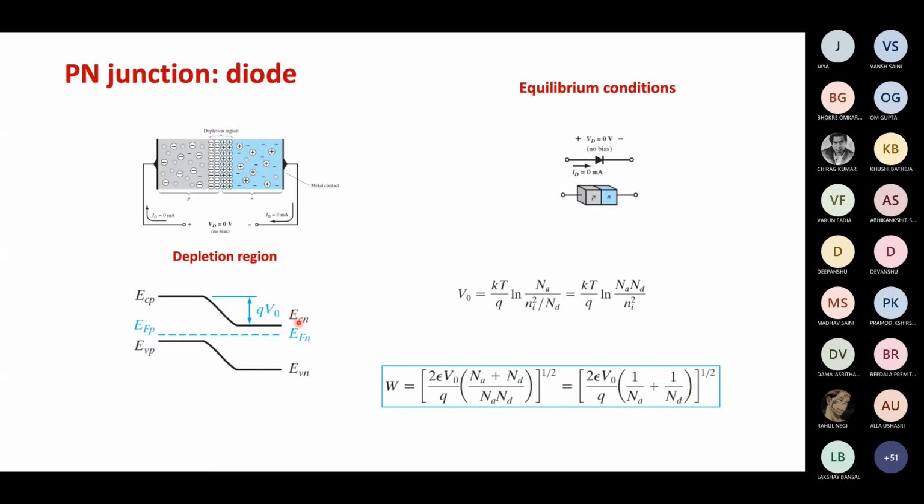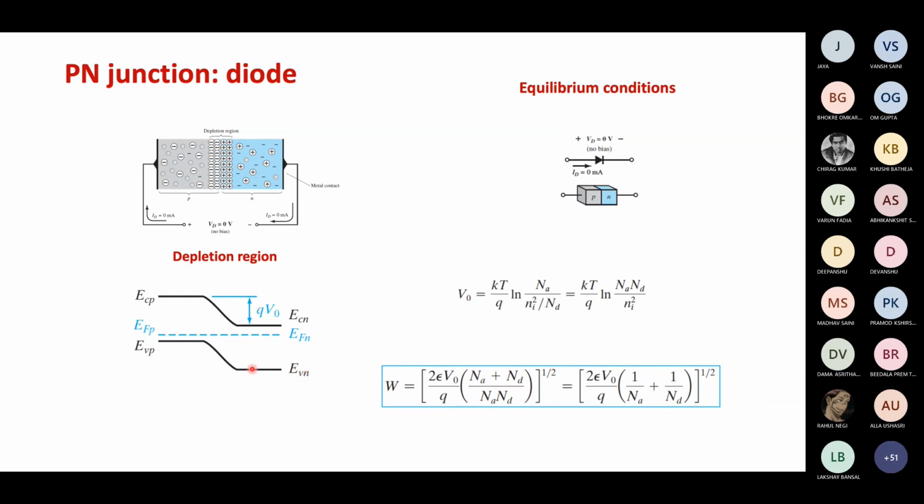E means energy, C means conduction band. EC is generally used for conduction band, EV is used for valence band. So EC is used for the bottom of the conduction band, the minima of the conduction band. N means N-type material. So this is the conduction band minima of the N-type semiconductor.